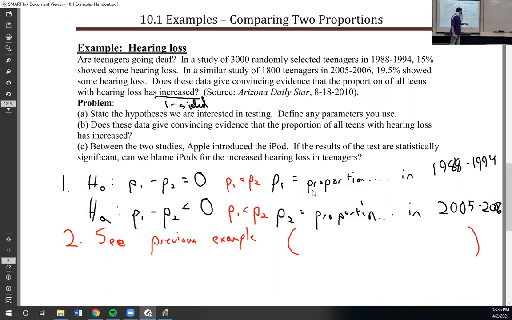The only difference between this one and the last one is that we need to say that this is a two-proportion z test now, since we're doing a hypothesis test. And then our random, normal, and independent conditions would all be the same.